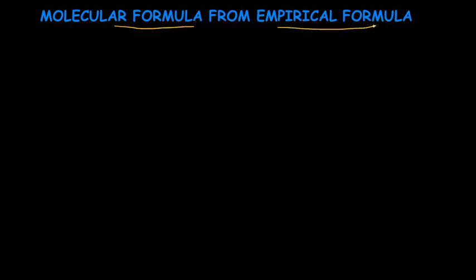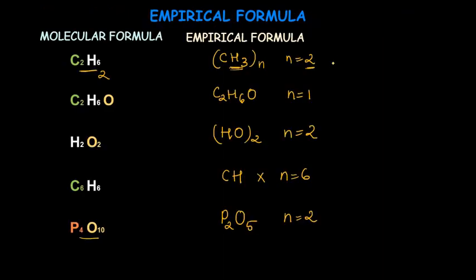Now in our earlier part of the video, we had seen that if we can calculate the n, then from the empirical formula we can calculate the molecular formula. So our main aim now is to find out the n so that we can calculate the molecular formula from the empirical formula. So let's understand this with the help of an example.